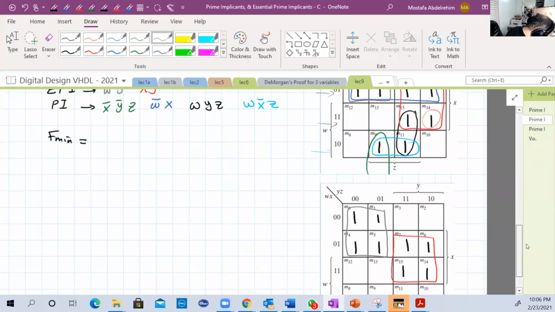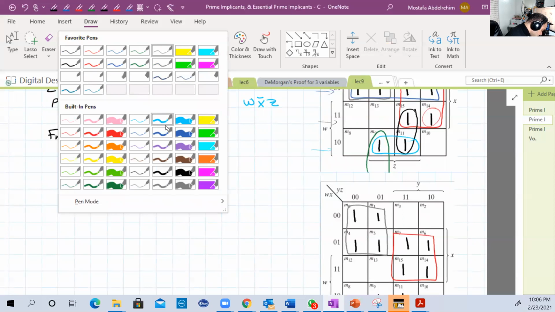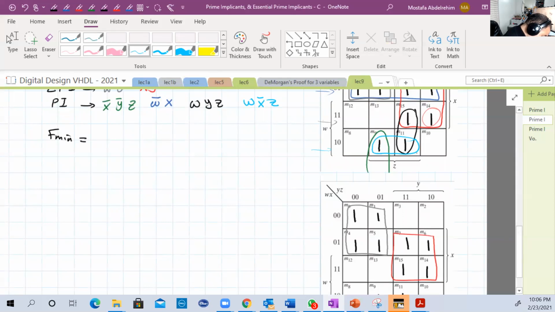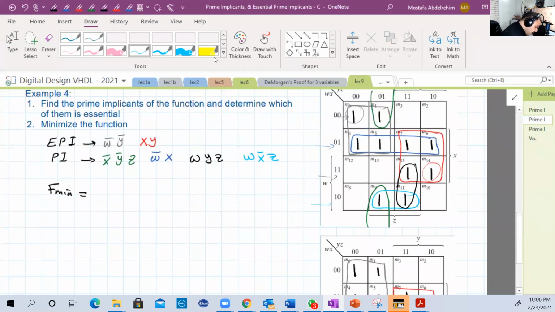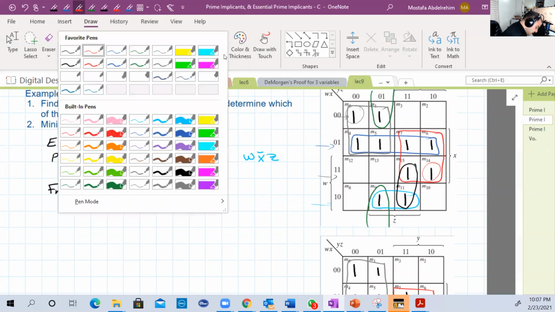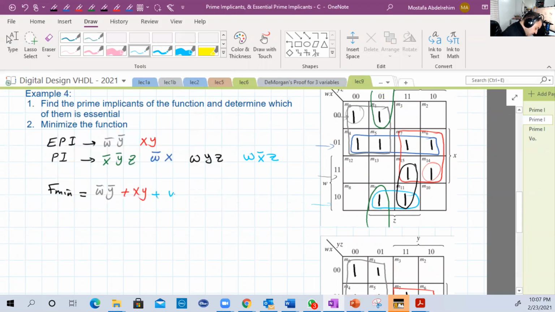So the best option is to take the cyan, to take that implicant here. That's the best option. Otherwise, you will have a non-optimized solution. So our function is basically W bar Y bar plus XY plus WX bar Z. Okay, that's basically the solution of this example.